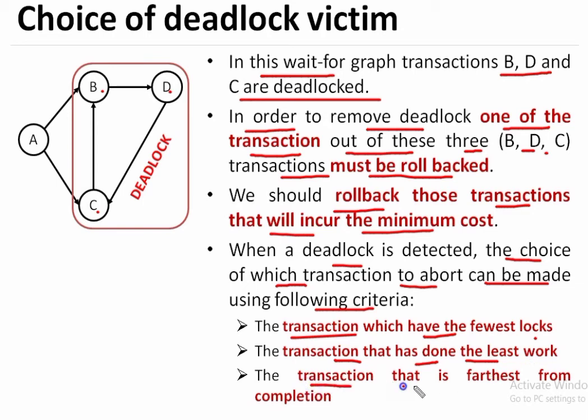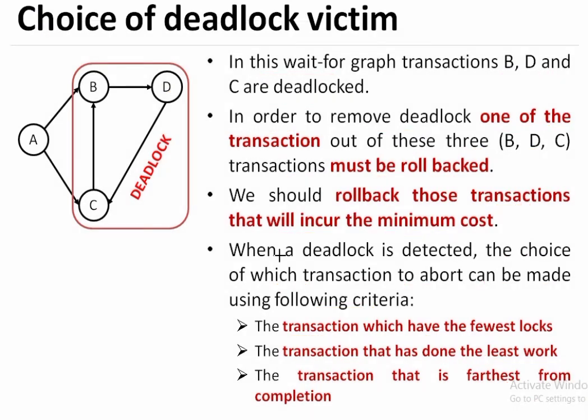The transaction that is farthest from completion, or a transaction that requires more time to complete its operation. So these are the things by which we can find the victim.